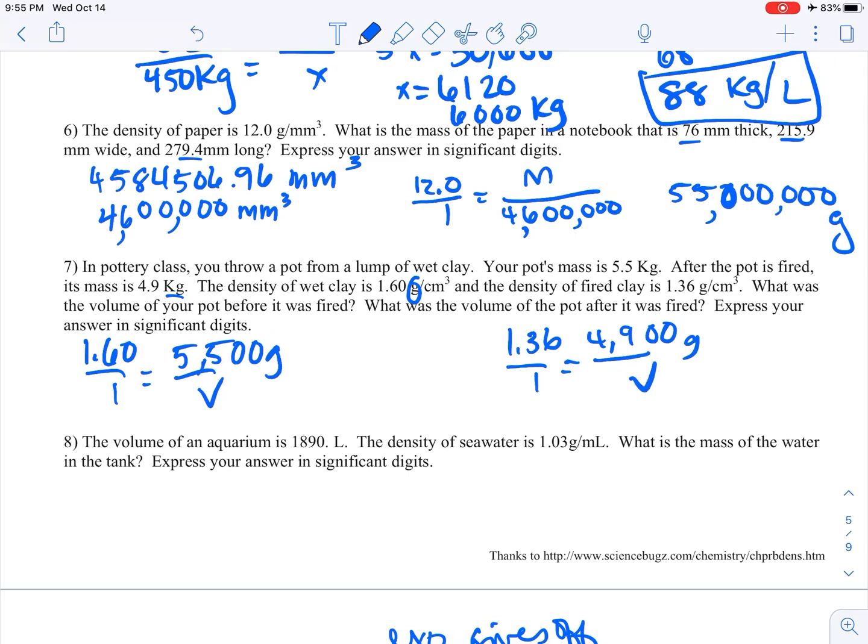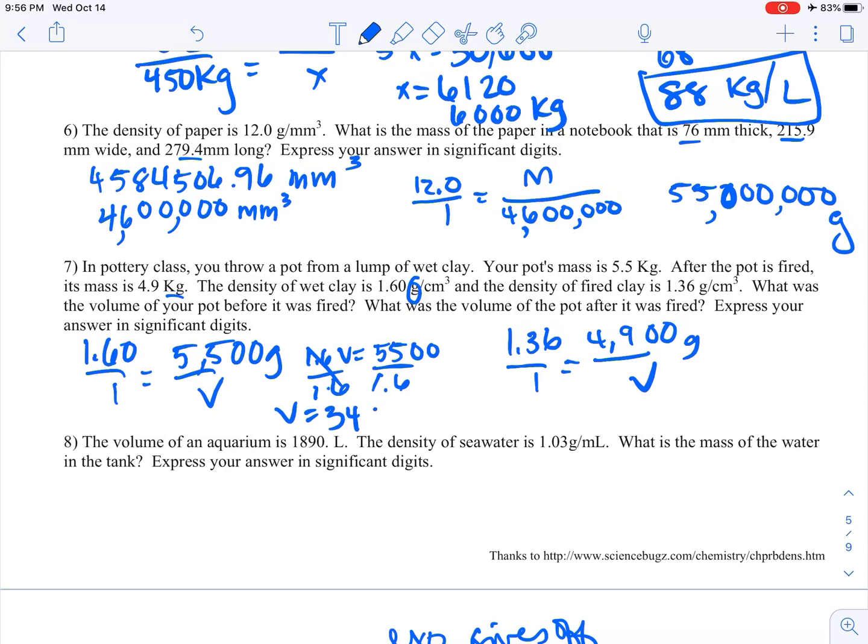Okay, so this would be cross multiply: 1.6 times the volume equals 5,500. Divide both sides by 1.6. So 5500 divided by 1.6. Now I need 2 sig figs.